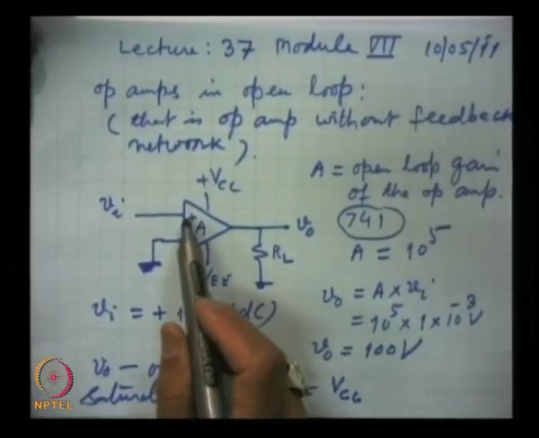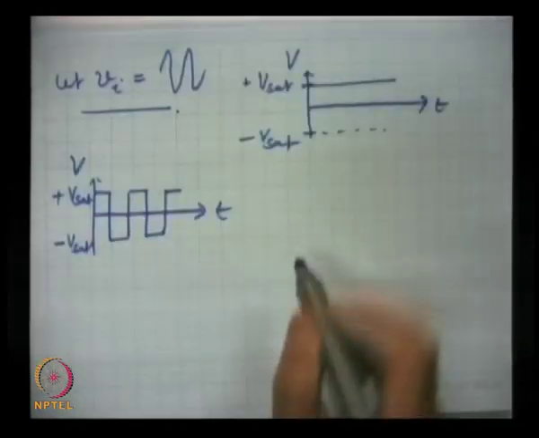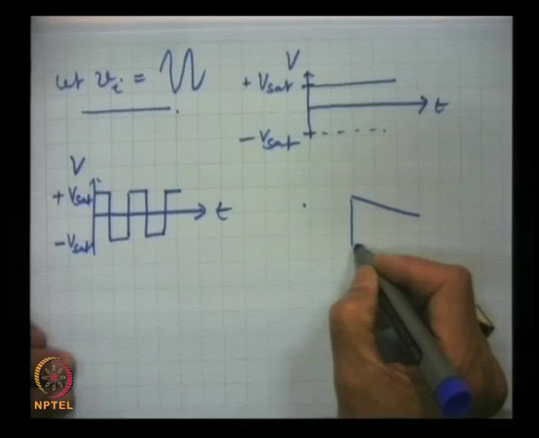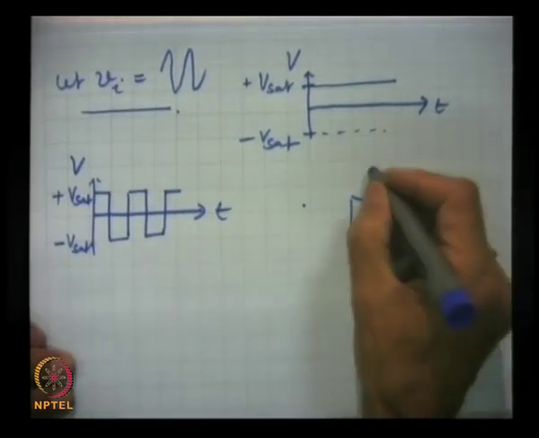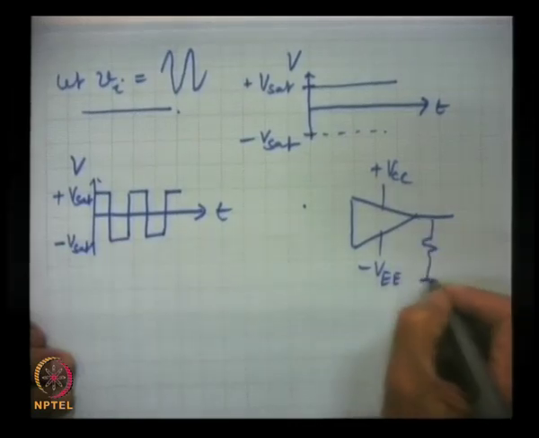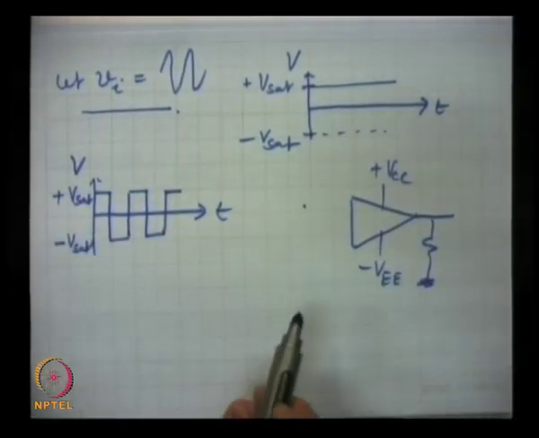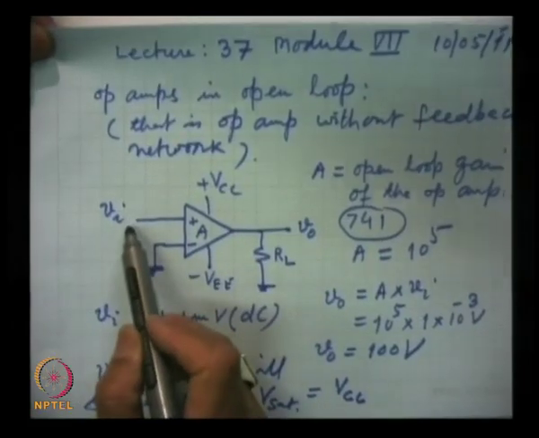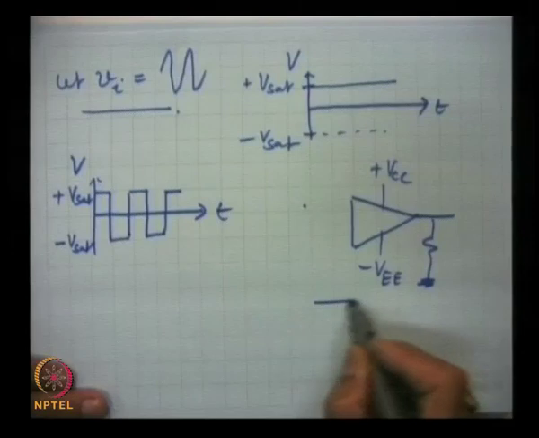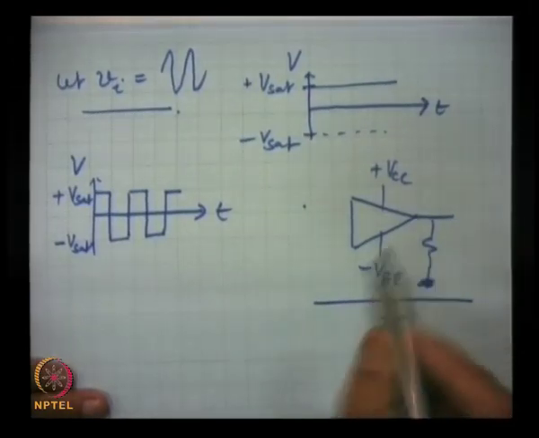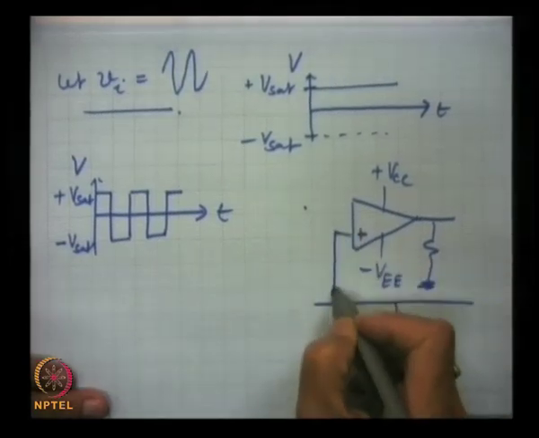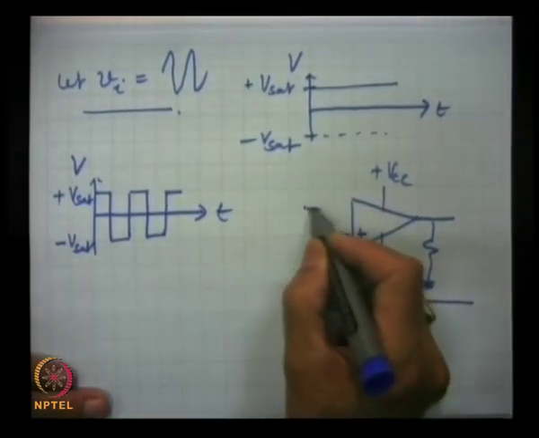if we apply at the inverting input. All voltages are always with respect to ground. When we say Vi, this is like this actually. Here this is the ground level and this is grounded, and here we apply a voltage.